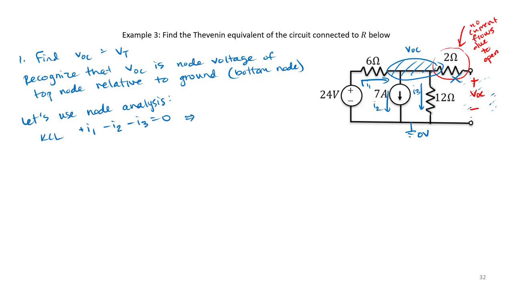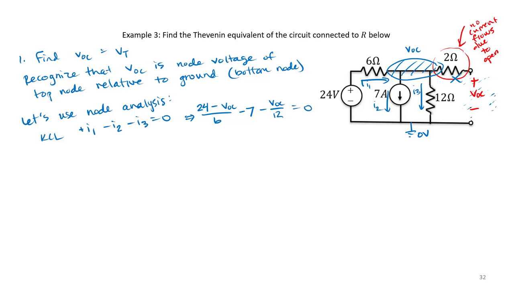So if we substitute our currents, notice we have that I1 is equal to 24 volts minus VOC divided by 6. Then we have minus 7 amps exiting, minus VOC divided by 12 ohms exiting. All that must equal 0.